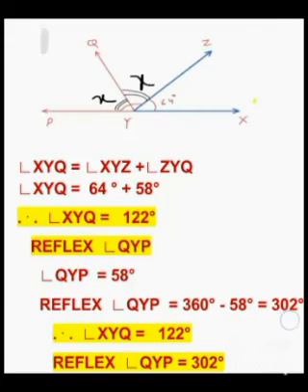How much? 302 degrees. So, reflex angle of QYP means from complete angle, if we subtract angle QYP, which is equal to 58 degrees, then you will get the reflex angle of QYP. Reflex angle of QYP is equal to 302 degrees. So, therefore, we got angle XYQ is equal to 122 degrees and reflex angle of QYP is equal to 302 degrees.